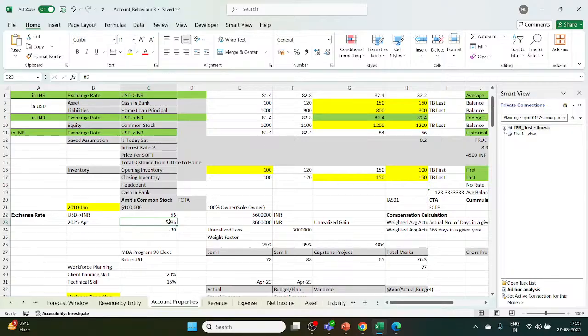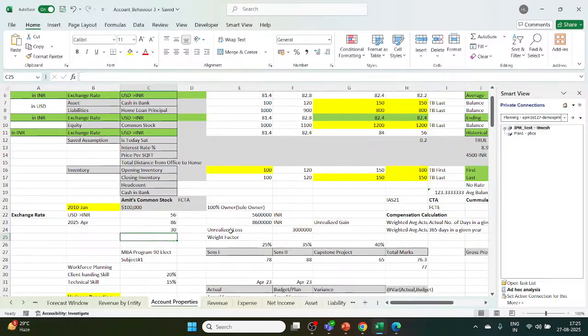And when he sold it, he will get a gain of 30 rupees. It would not be a loss, it would be a gain.